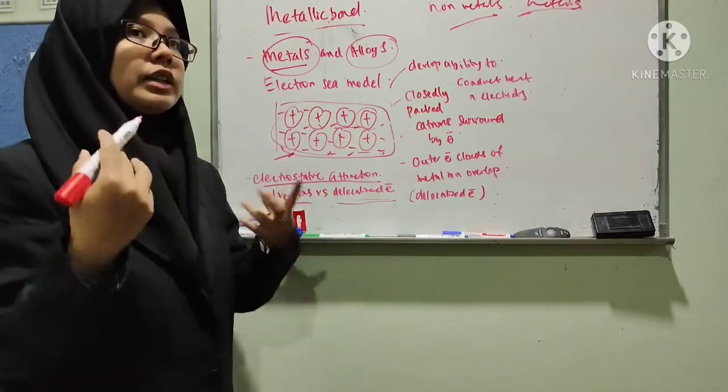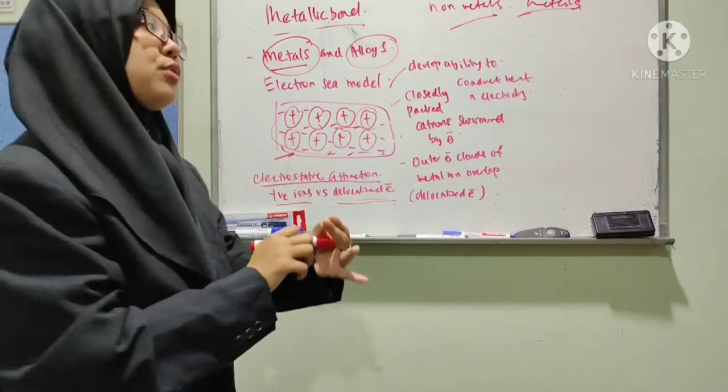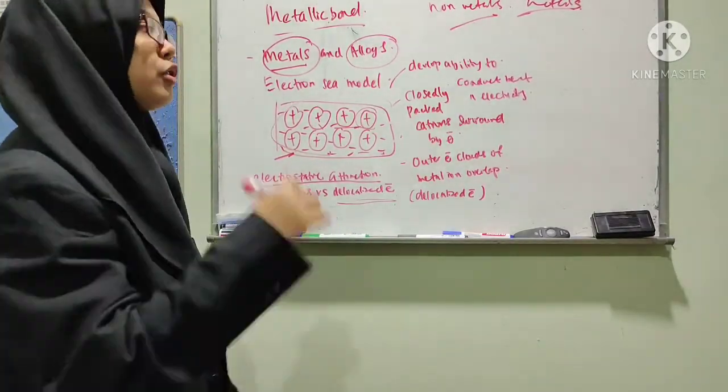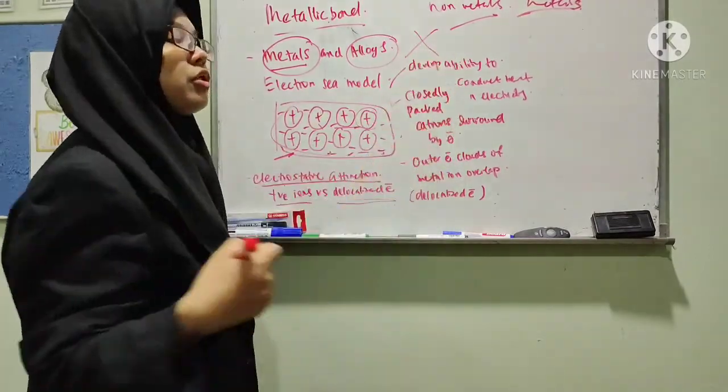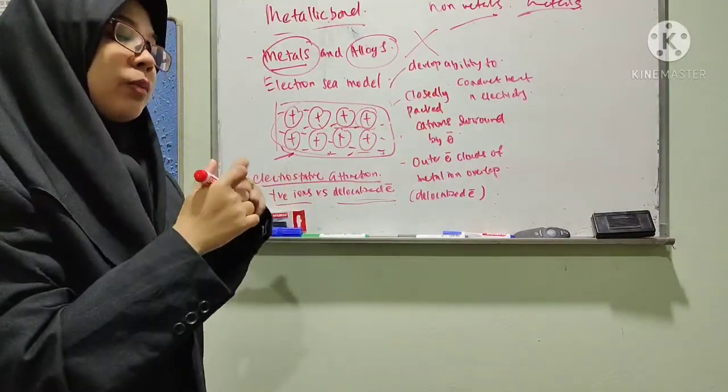So this shows the metals' and alloys' ability to conduct heat and electricity. So there is no transfer of electrons. That's the ionic bond.